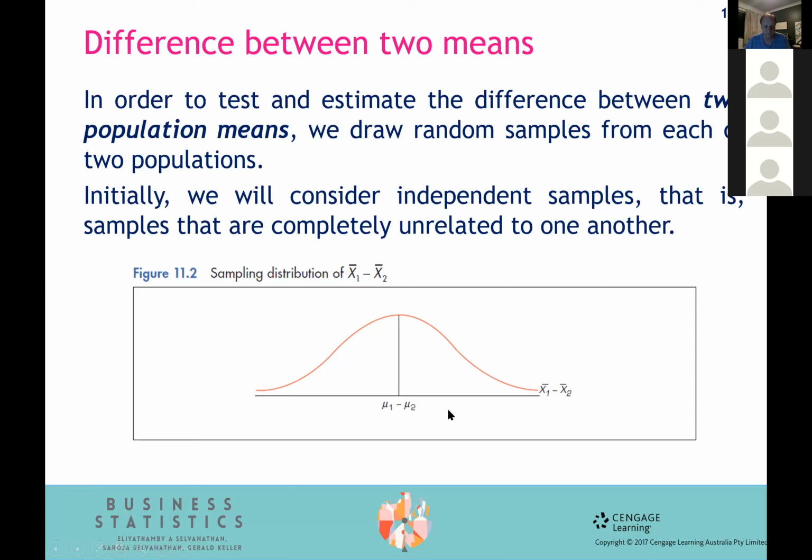Do you agree? And the expected value of this, mu1 minus mu2, is 0. If these two populations are exactly the same, I expect this value to be 0. Do you agree? Yep. But if they differ, this value will differ quite a bit. And so again, I want to be 95% sure they're the same or not.